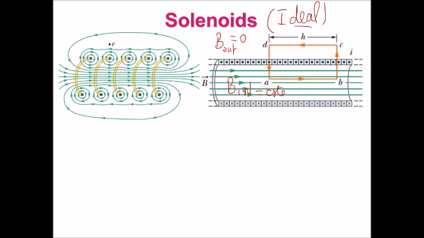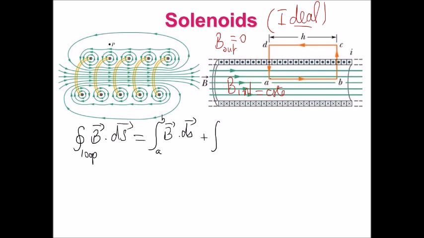We have the integral of B dot ds along the loop, the circulation of B. We can write it as the integral of B dot ds from A to B, plus the integral from B to C of the same thing, plus the integral from C to D of the same thing, plus the integral from D to A of B dot ds.